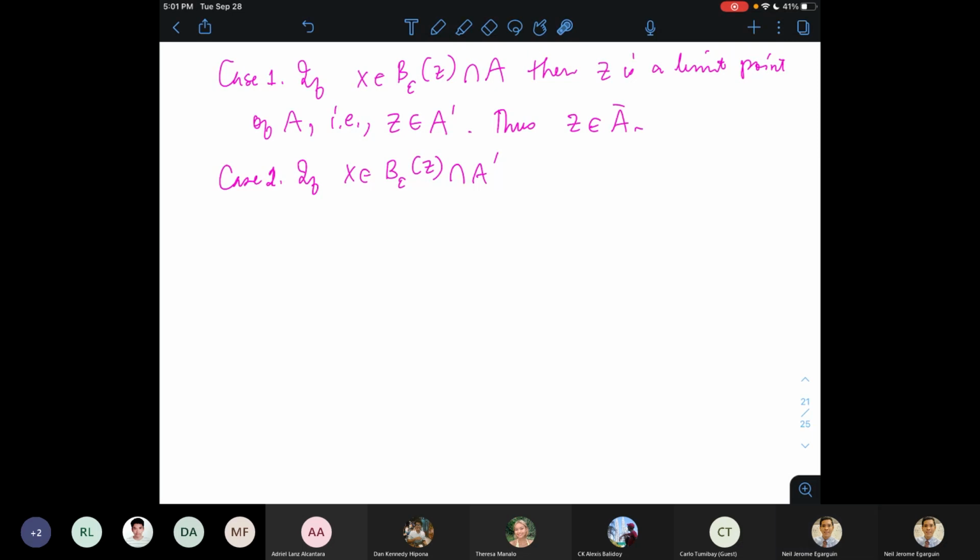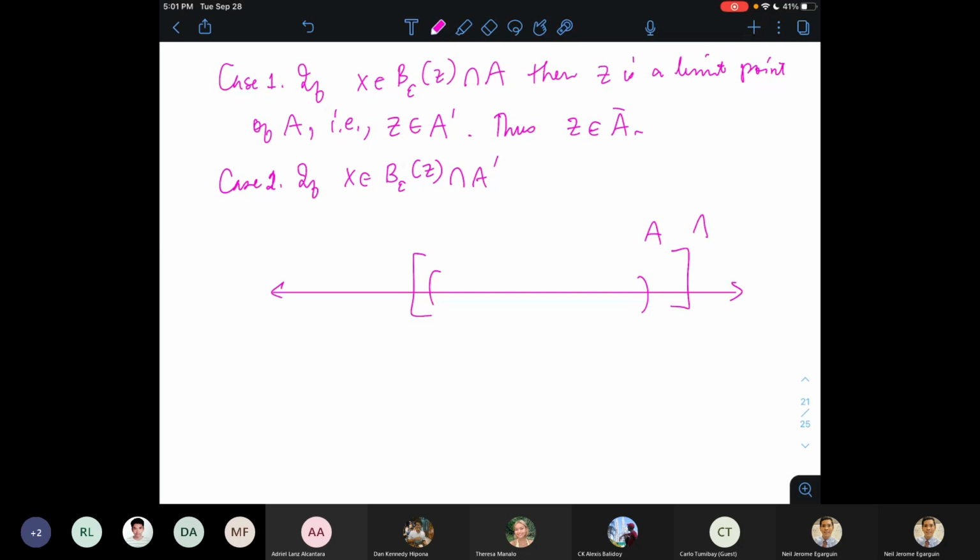Okay. Halimbawa, ito si A. Tapos halimbawa, ito yung A bar. Okay? Tapos nandito kunwari si Z. Okay? Make generic illustrations.